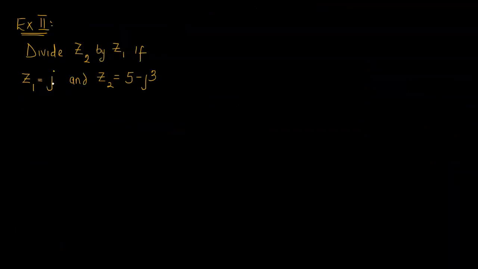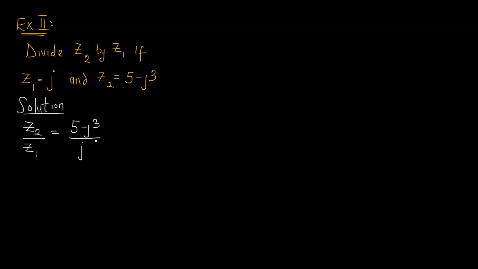Divide z2 by z1, if z1 equals j and z2 equals 5 minus j3. So solving this, first we need to pay attention to the instruction. We are dividing z2 by z1. So this is z2 over z1. z2 is 5 minus j3 and z1 equals j.